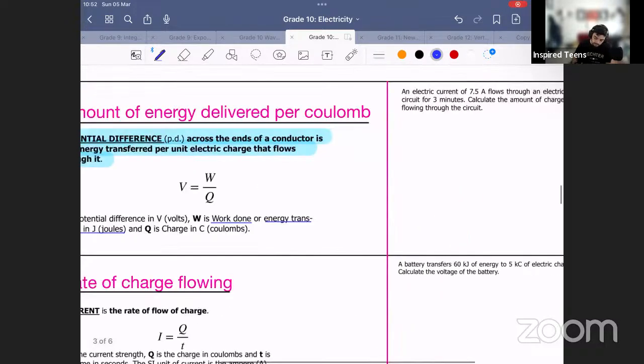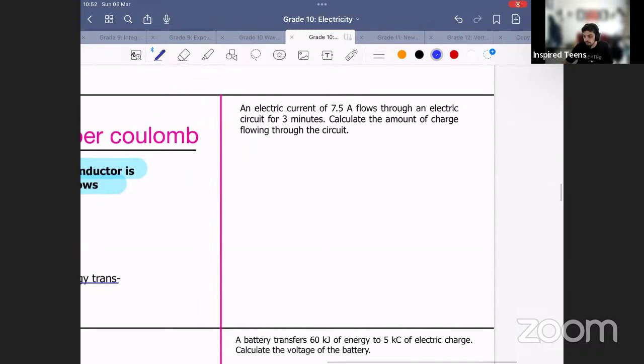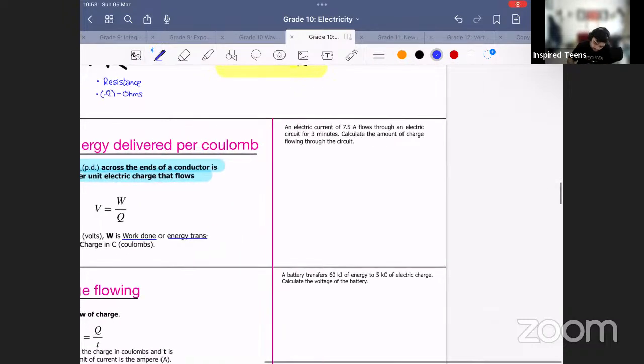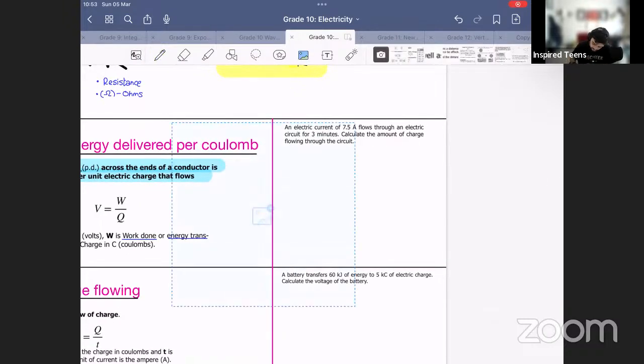Before we move on, let's do a little calculation that utilizes the formula of potential difference.